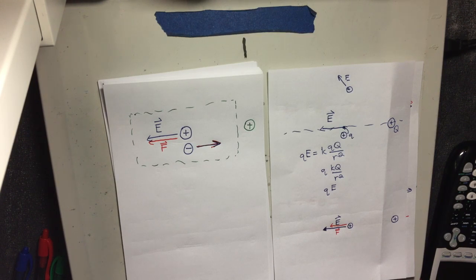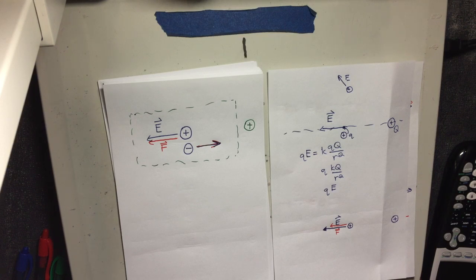This is the big difference between 214 and 213: visualization, being able to see electric field lines and what they mean. It's a big step in this class. So does the force always follow the electric field line? It depends on the charge.